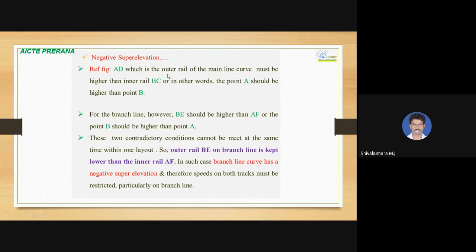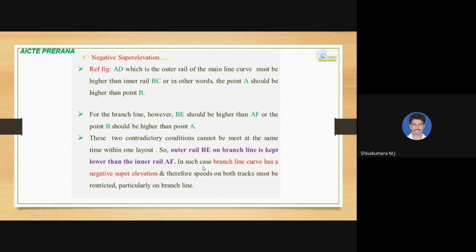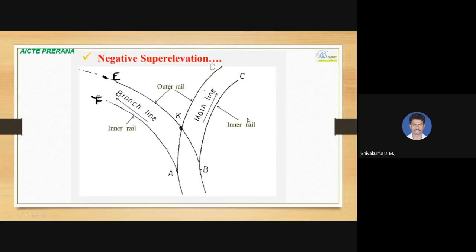AD, which is the outer rail of the main line curve, must be higher than the inner rail BC. So here the inner line, this one, is BC. So AD must be higher than this BC line. In other words, point A should be at a higher elevation than point B. And for the branch line, however, BE should be higher than AF.